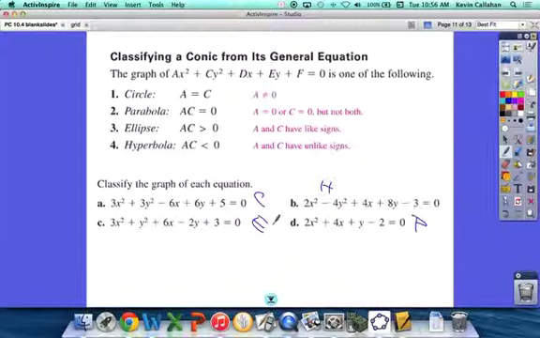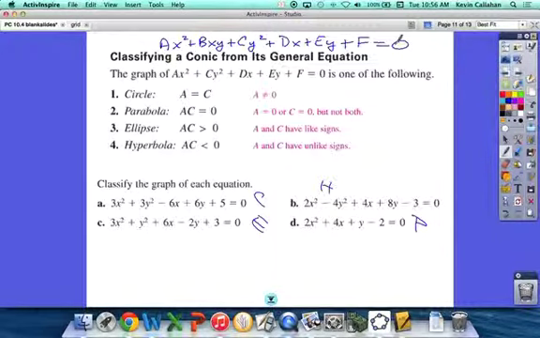Now, is there anything suspiciously missing from this general equation here? There's no B, right? There's no B. And if you have a B term, there is a B term in the real general equation: AX squared plus BXY plus CY squared plus DX plus EY plus F equals 0.